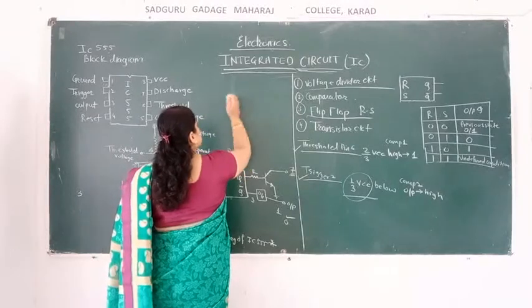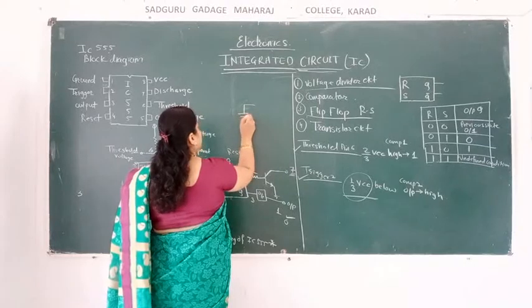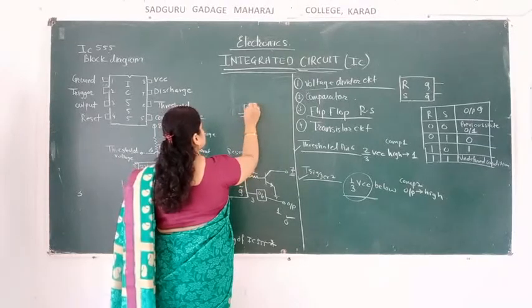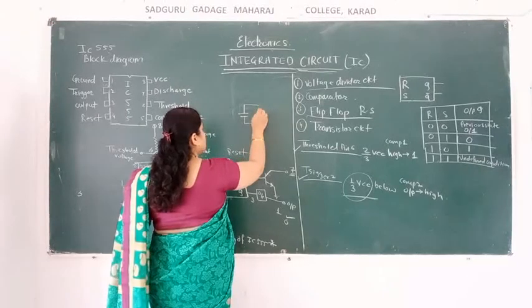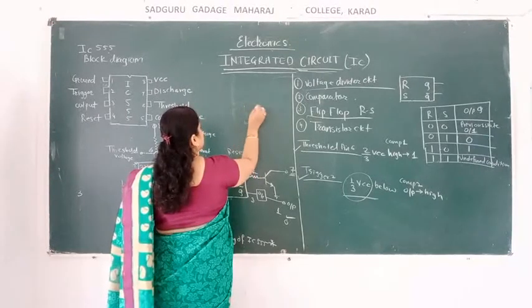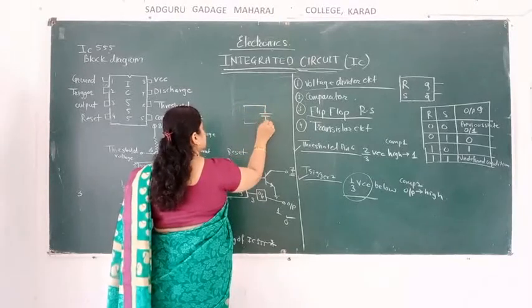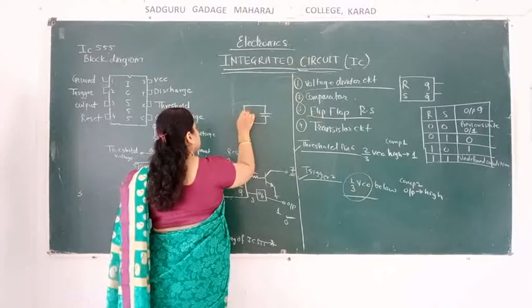suppose a battery is connected. If the transistor is in on and off condition, see this is the capacitor, okay, and this is our transistor.